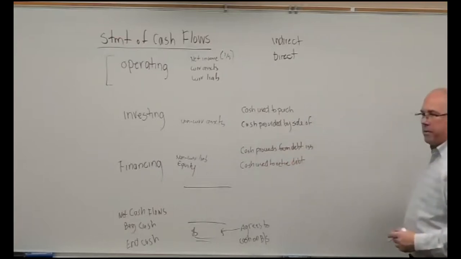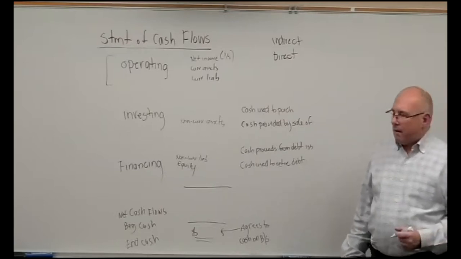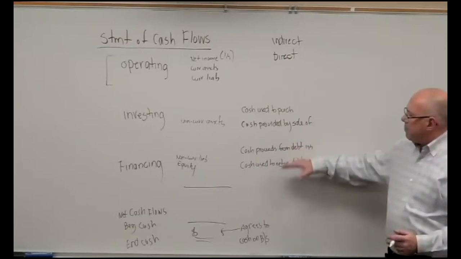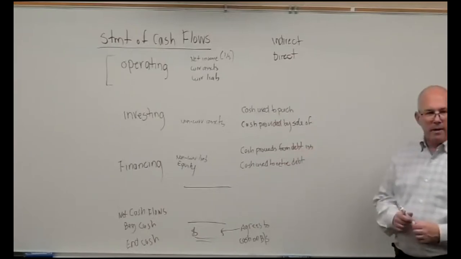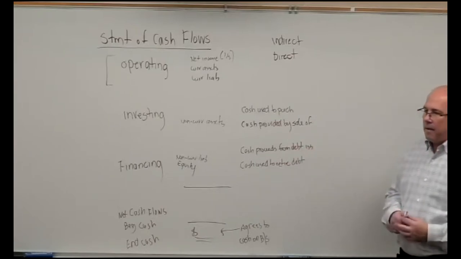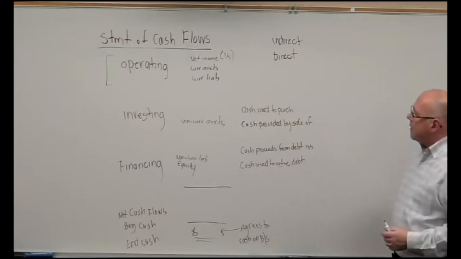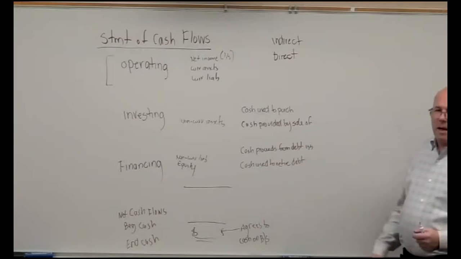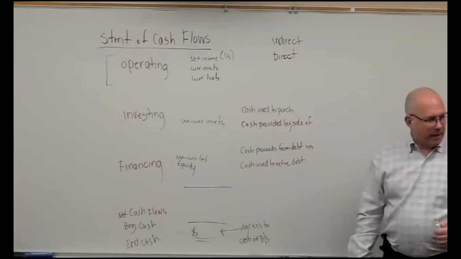Or cash used to retire debt, or cash used to purchase treasury stock. However, we've used cash, either provided it or used it for non-current liabilities and equity. Most of our time is going to be talking about operating, which we'll do an example to illustrate.